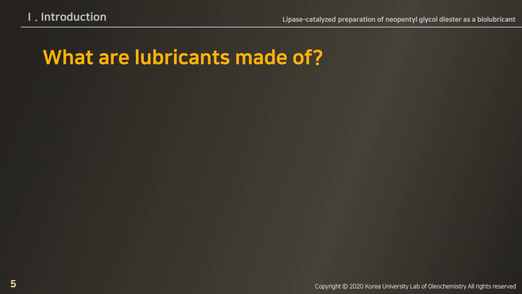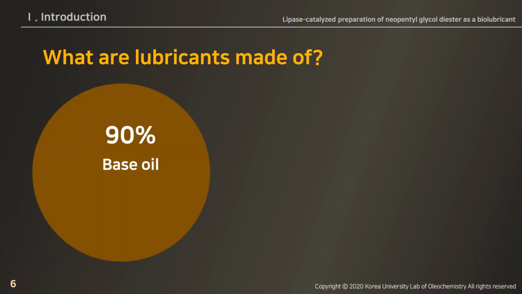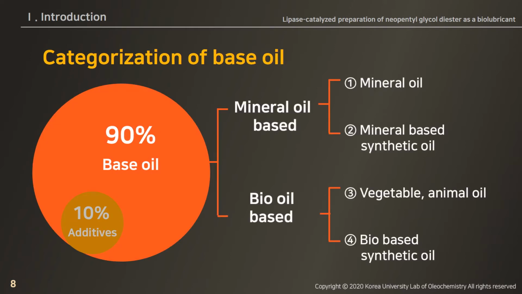Then, what are lubricants made of? Typically, lubricants consist of 90% base oil and 10% additives. There are four types of lubricants that can be classified depending on this base oil, which is categorized as mineral oil and bio oil.